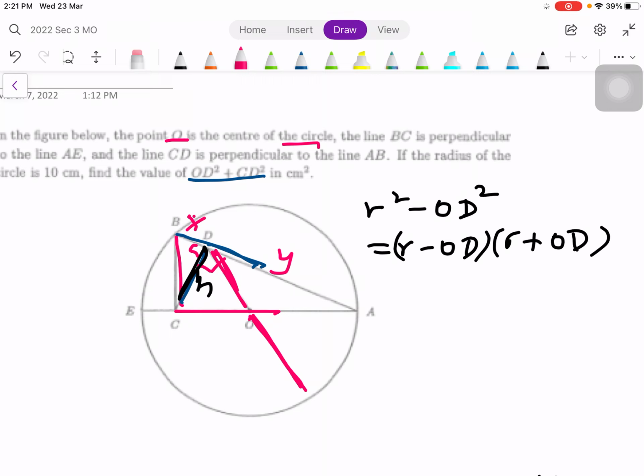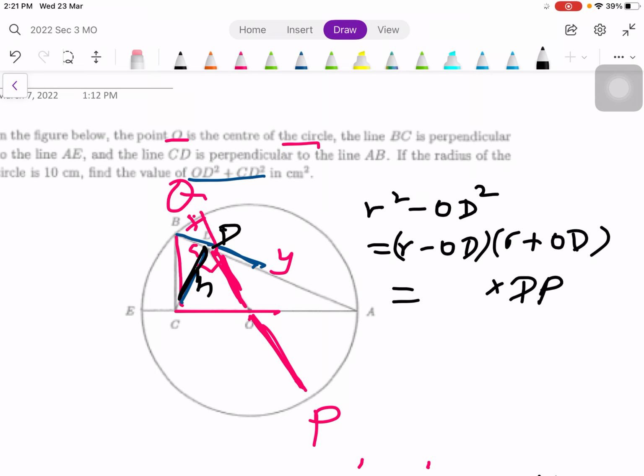Therefore, I extend this one to this point P, and then I extend to get this point Q. Can you see that this is OD? Therefore, r plus OD is actually DP. This point is D. Therefore, this is DP.